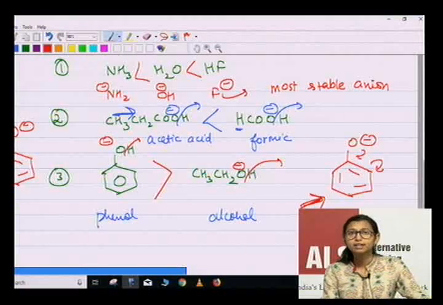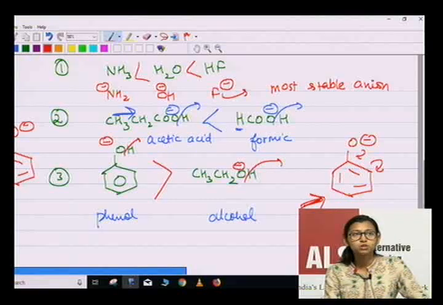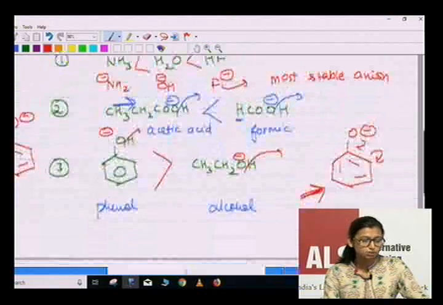Clear? Any doubt anyone? Shillong, any doubt? I hope this is clear to everyone, right? Let's do one more question, then we'll study the new topic.